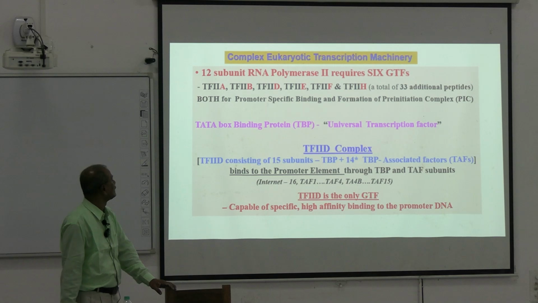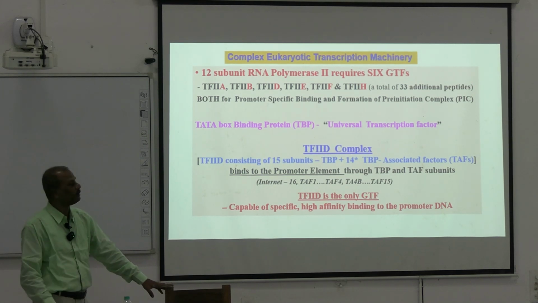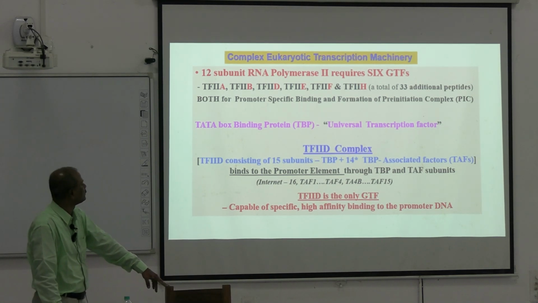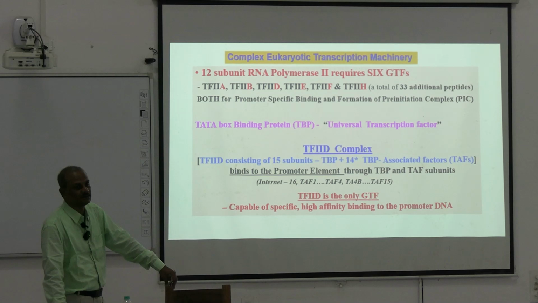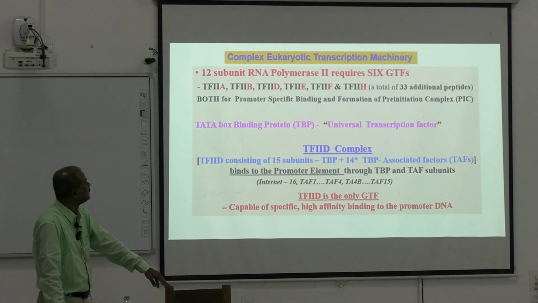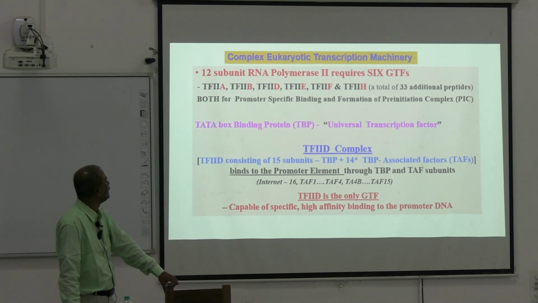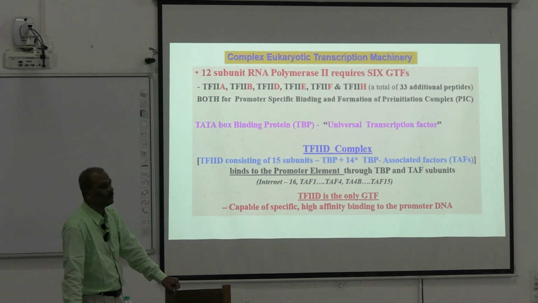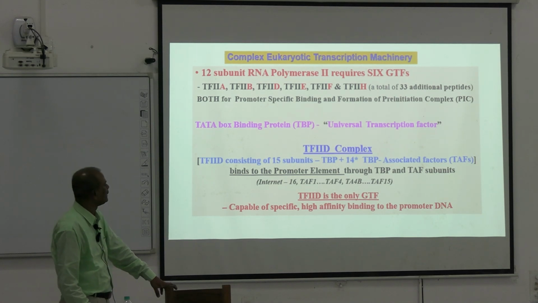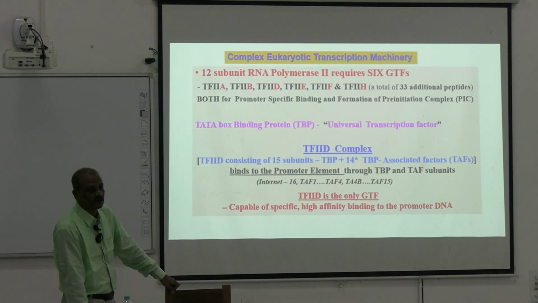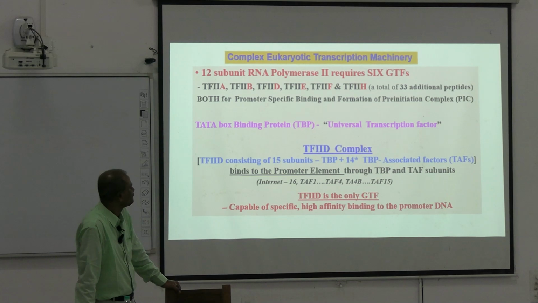So RNA polymerase 2, with its 12 subunits, requires 6 GTFs: A, B, D, E, F and H, containing about 33 additional polypeptides.